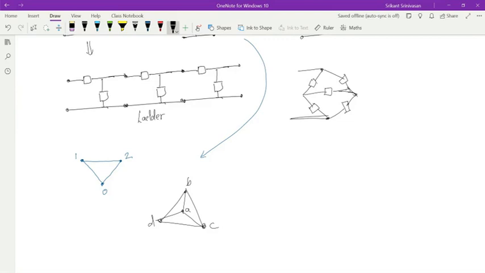Now the same network I can represent like this. I have A, okay. Can you see that these two are equivalent?